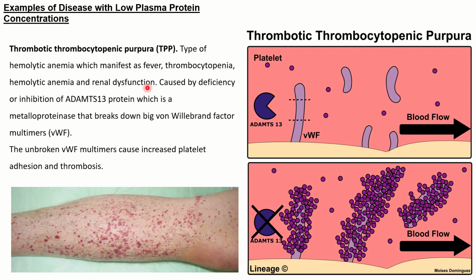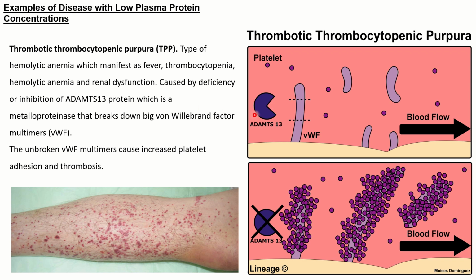That is, we have the inability of the kidney to produce these plasma proteins, and this plasma protein of necessity is ADAMTS13. Its absence or its inhibition is the cause of this thrombocytopenic purpura, right?